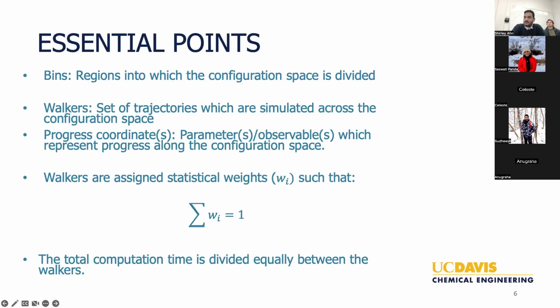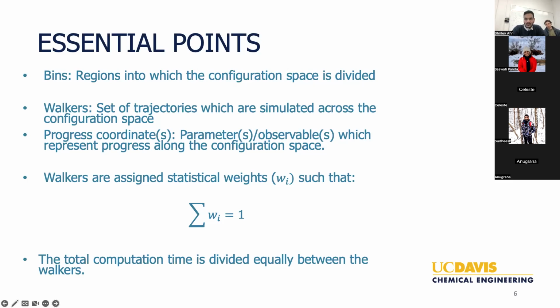So there are some essential basic terminologies and points which I would like to explain before explaining the algorithm itself. Bins are regions into which the configuration space is divided.